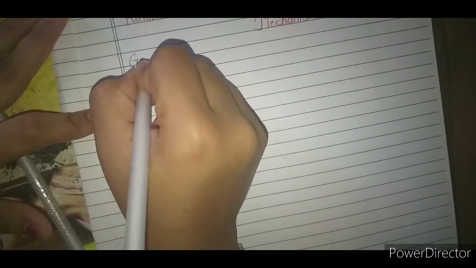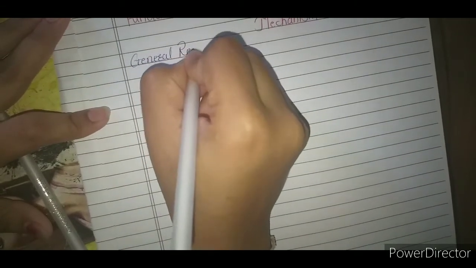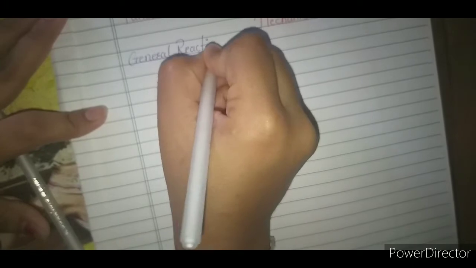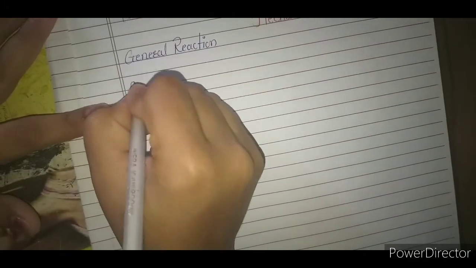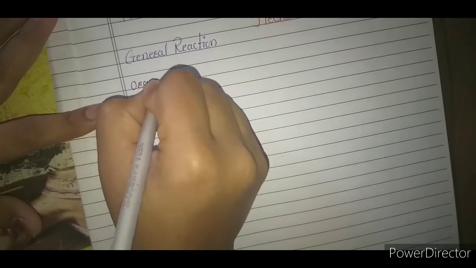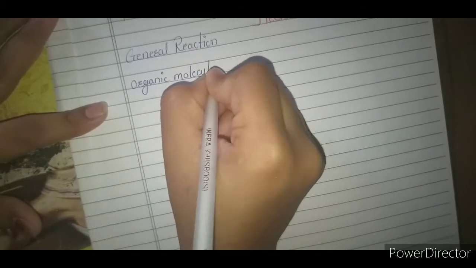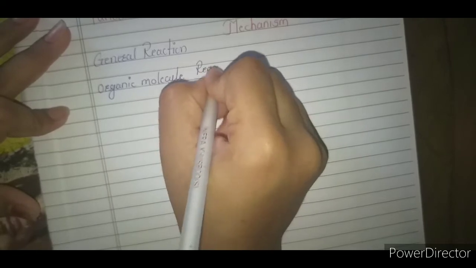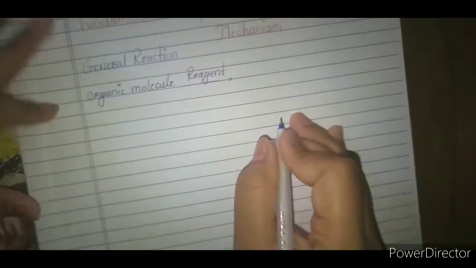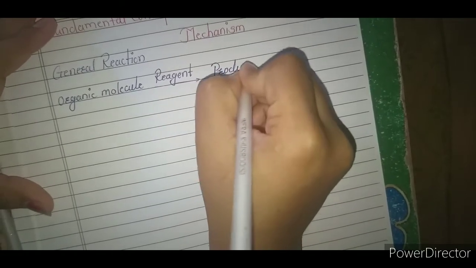So take a general reaction. Okay. So in a general reaction, what happens? An organic molecule in the presence of a reagent forms a product.